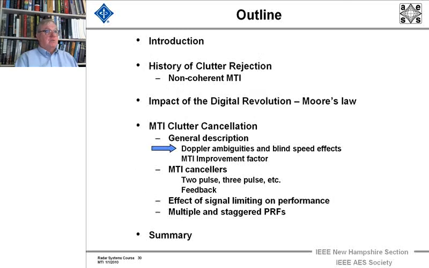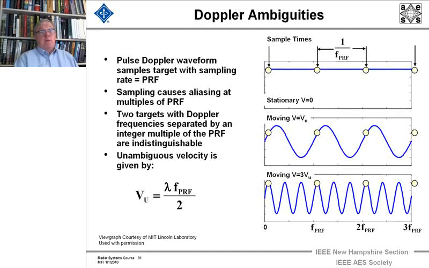Okay, now on to Doppler ambiguities and blind speed effects. Well, we talked a bit and alluded to Doppler ambiguities. Now let's look at pulse Doppler waveforms. And a pulse Doppler waveform samples the target at the PRF.